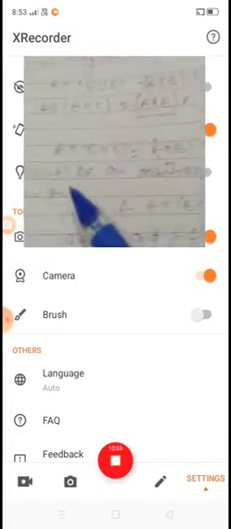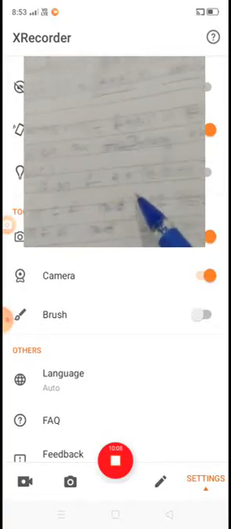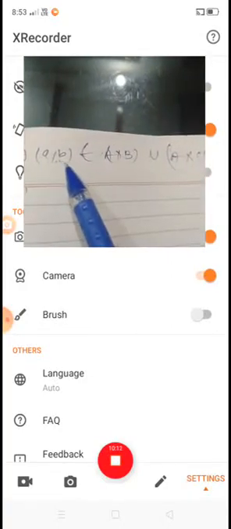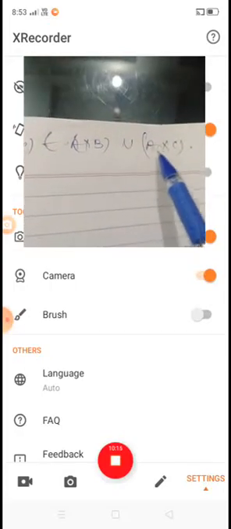So we can say that first of all we assumed that (a, b) belongs to A cross (B union C), and now we have shown that the ordered pair (a, b) belongs to (A cross B) union (A cross C).